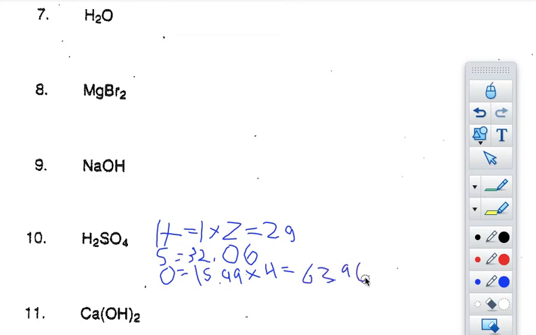Oh, there's my alarm going off. Awesome. All right, I'm going to add these 3 numbers together. So I'm going to add up the 3 total masses. So 2 plus 32.06 plus 63.96.